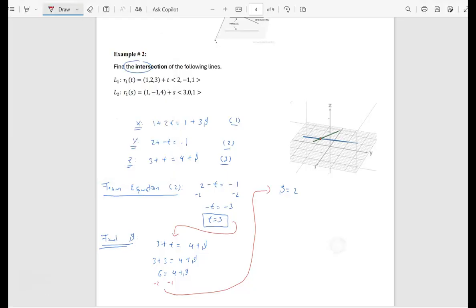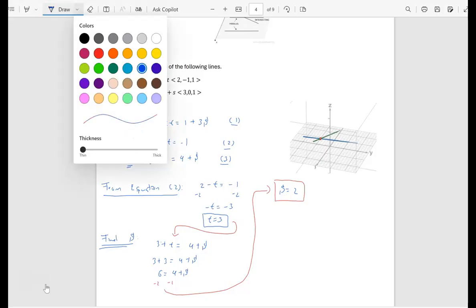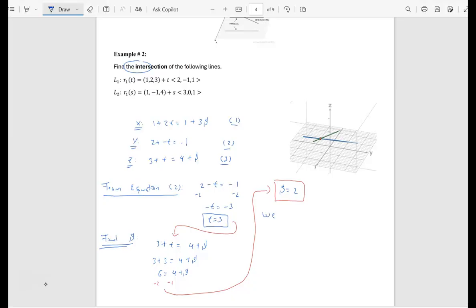Now for the system of equations, we already found the two values for the parameters where the lines intersect. So let me write it as we found that t is equal to 3, comma, s is equal to 2.